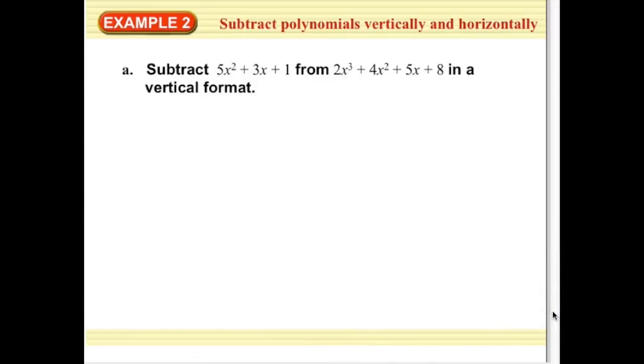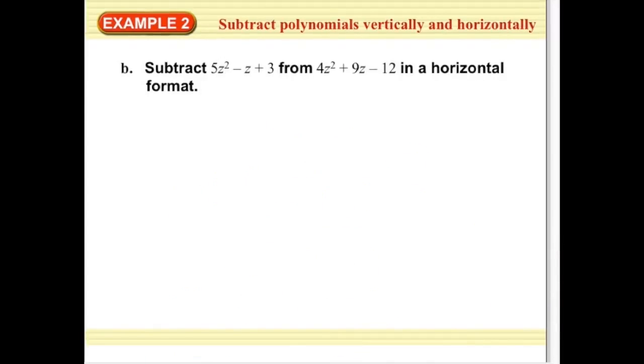We'll do one more for you. In terms of subtractions, to subtract 5z squared minus z plus 3 from 4z squared plus 9z minus 12. So 4z squared plus 9z minus 12. Subtract 5z squared minus z plus 3.